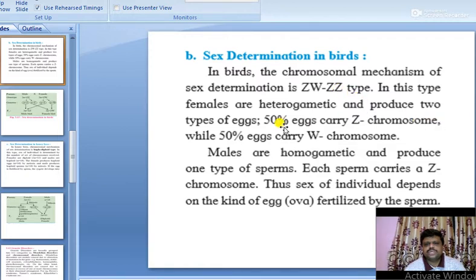Females produce two types of eggs, 50% of eggs carrying the Z chromosome and 50% carrying the W chromosome. Males are homogametic and produce only one type of sperm. Each sperm carries the Z chromosome. Thus, the sex of the individual depends on the kind of egg fertilized by the sperm.